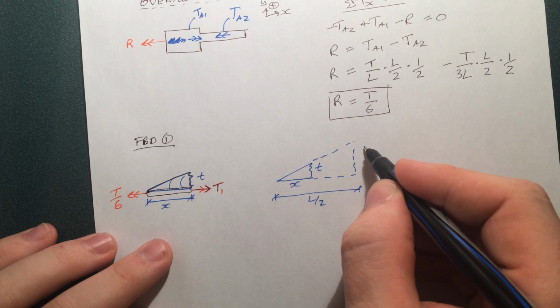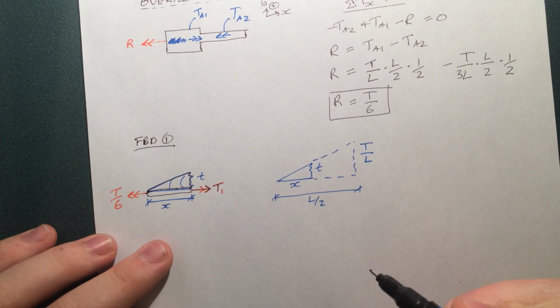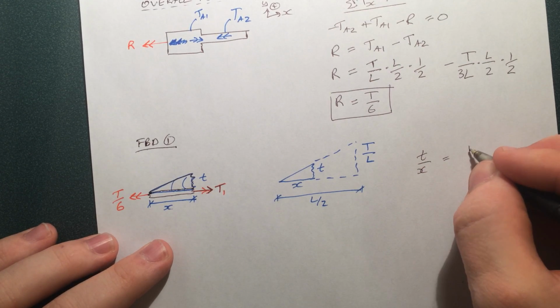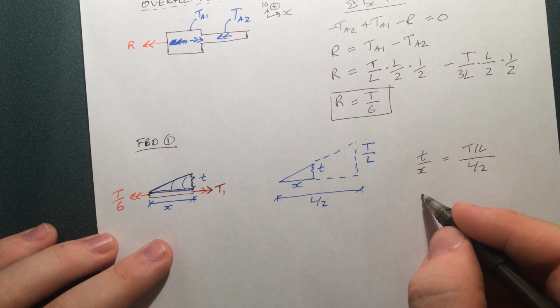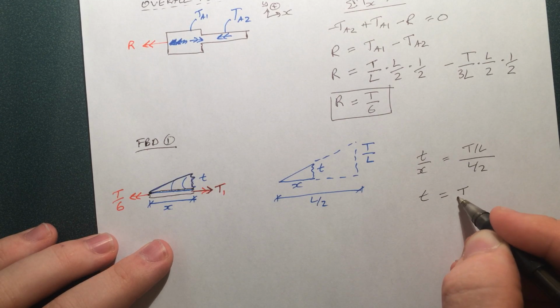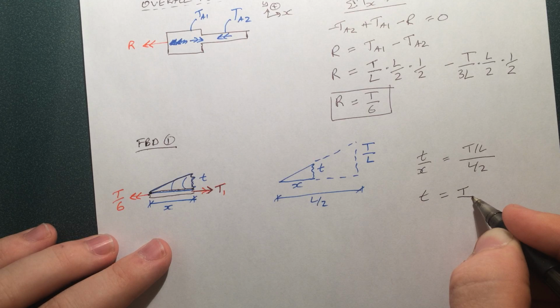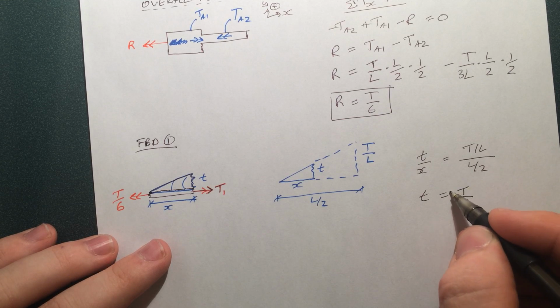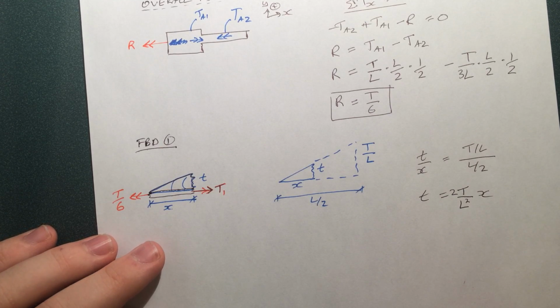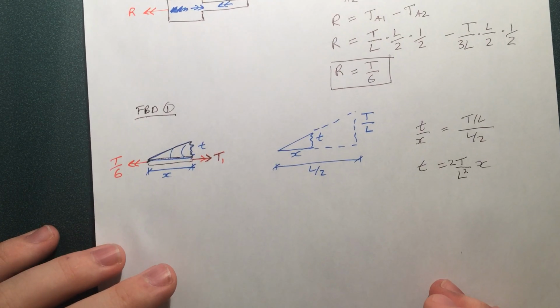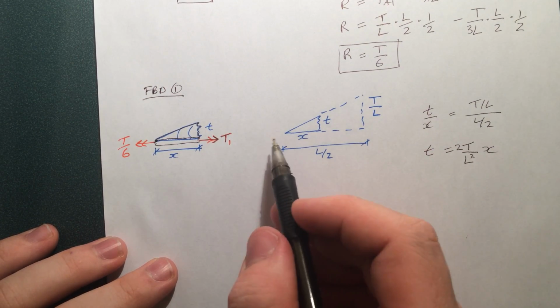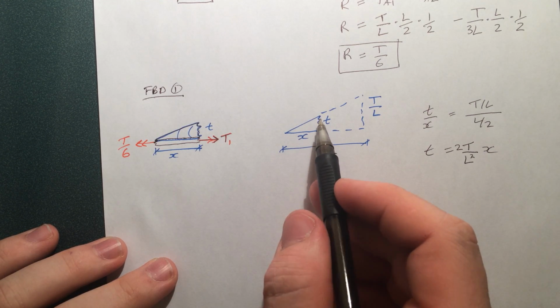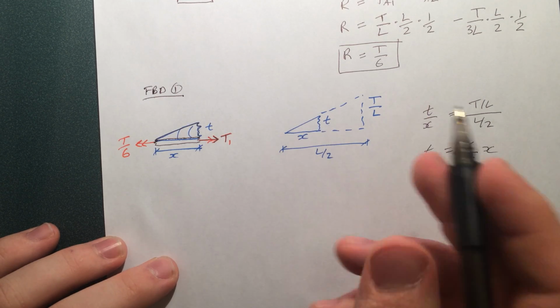This is T, and at this point here, it's T by L. Now to find the total force in this triangle, we multiply by the area, so that's x, times the newtons per meter at this point, times the length divided by 2 because it's a triangle.